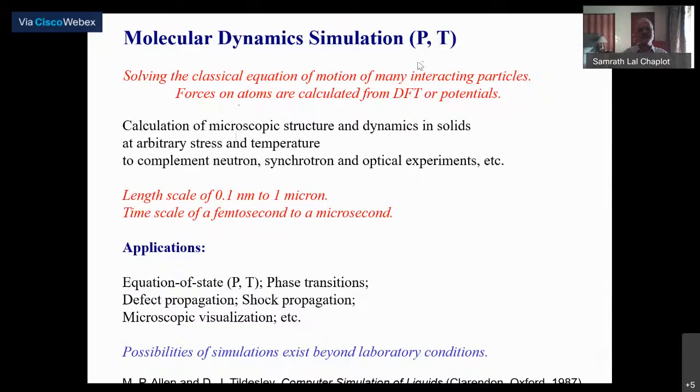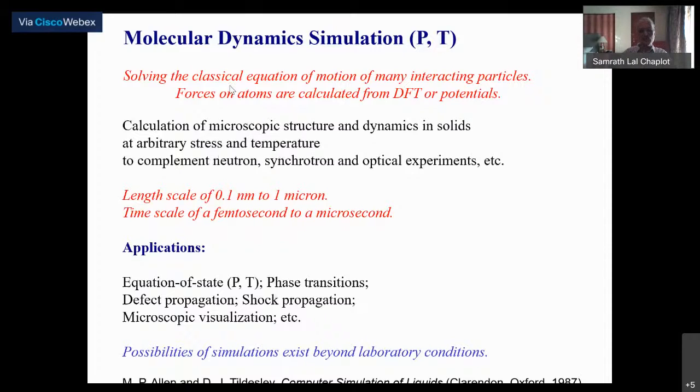Any value of the pressure or temperature can be assumed, and there are no further approximations besides the fact that we use classical equations of motion. So it is possible then to calculate the microscopic structure and dynamics at any arbitrary external stress and temperature.